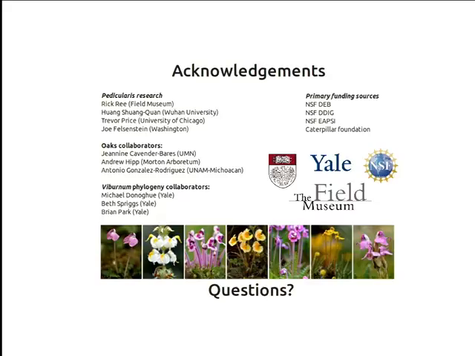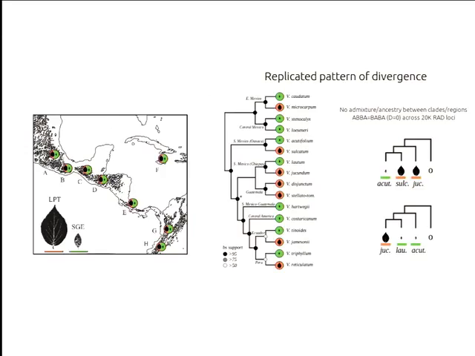So that test, the Abba-Baba test, is a test based on a topological assumption. In the case of what we did here, we asked, well, what if that topology is wrong? The topology that we observe from our phylogenetic inference says that the big leaf and small leaf species go together.